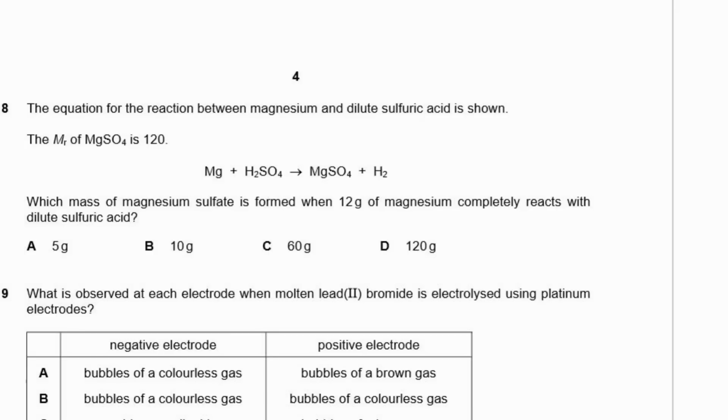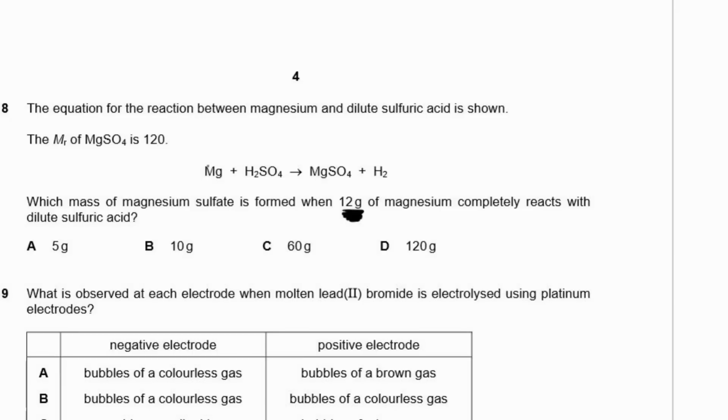Question 8. The equation for the reaction between magnesium and dilute sulfuric acid is shown, and the molecular mass of MgSO4, magnesium sulfate, is 120 grams per mole. Which mass of magnesium sulfate is formed when 12 grams of magnesium completely reacts with dilute sulfuric acid? Okay, so the first thing, 12 grams. Is 12 grams a useful number to us?